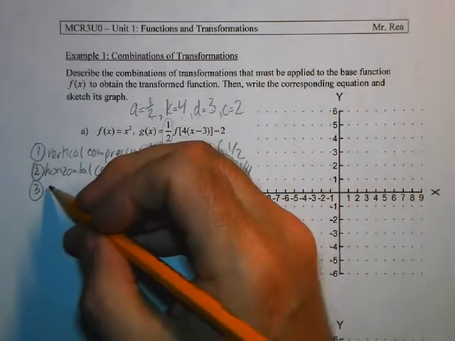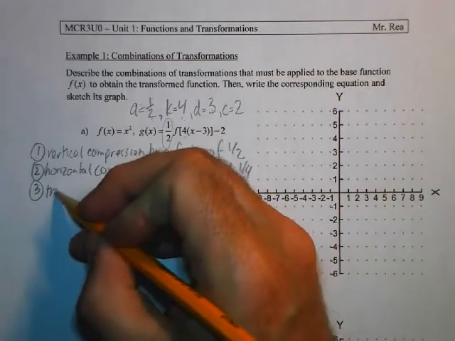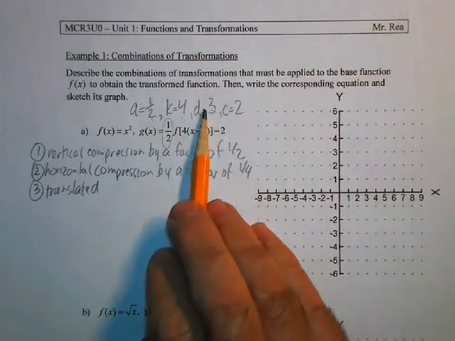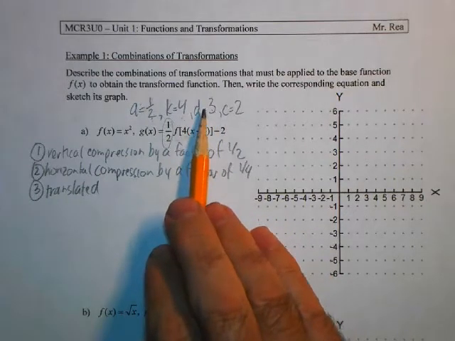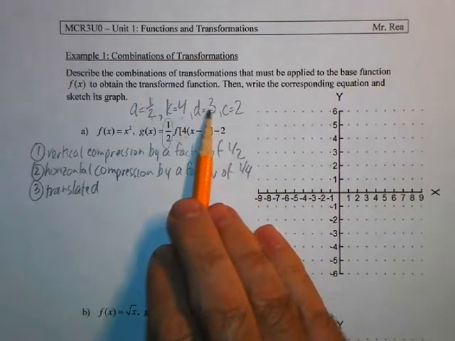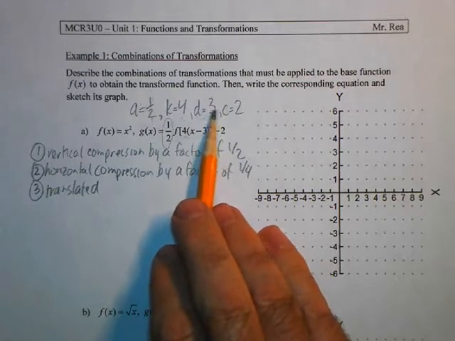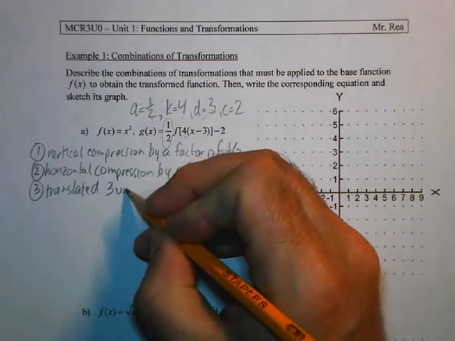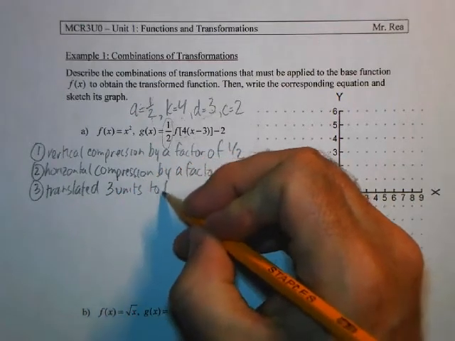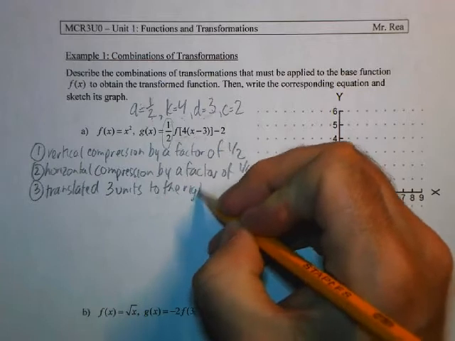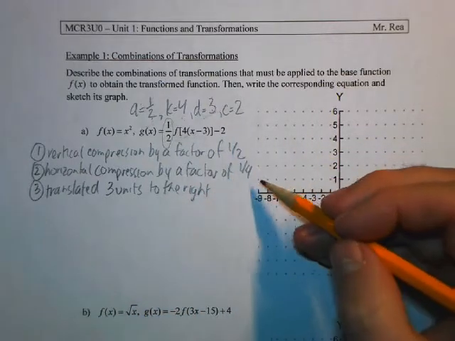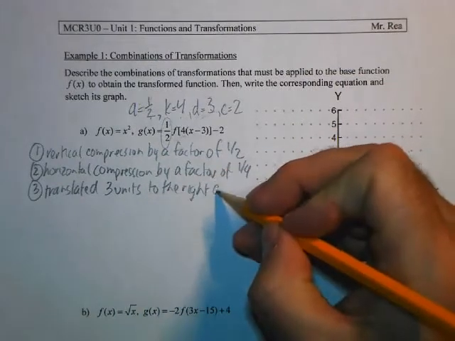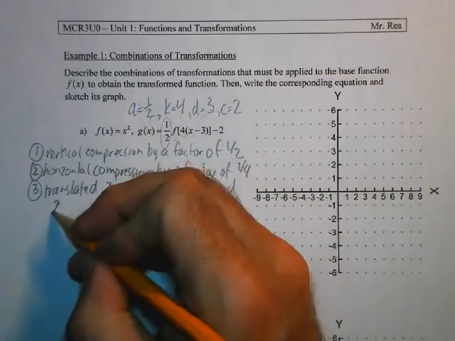So translated, the D value being 3 tells us horizontal, positive 3 means to the right, so 3 units to the right. And then the C value of 2 means that's translated 2 units up. So I'll just tack that on to the end of this one, and 2 units up.